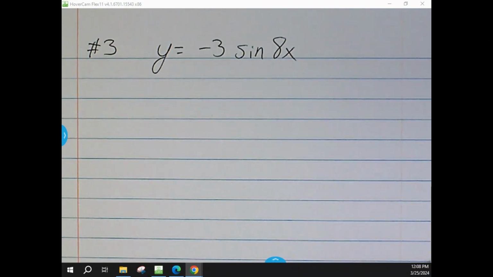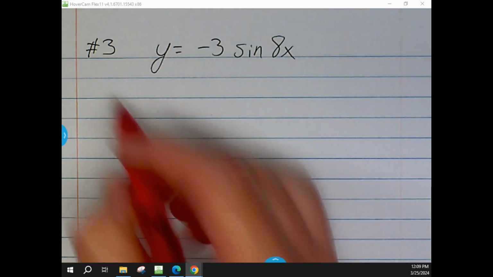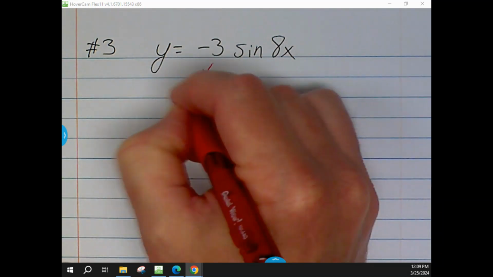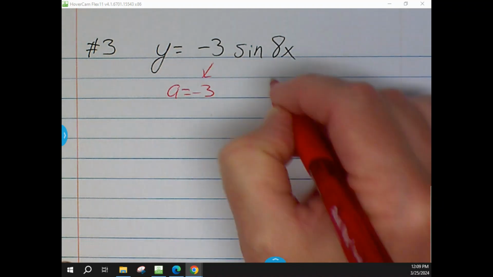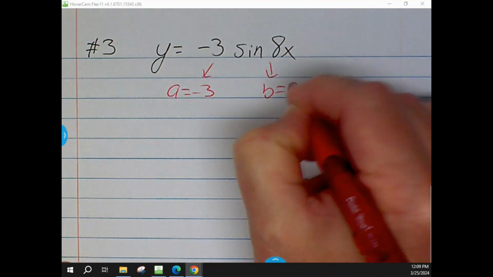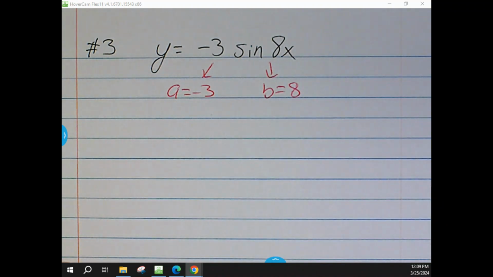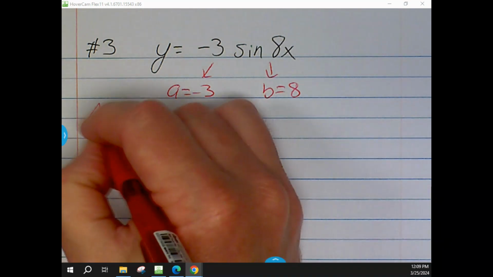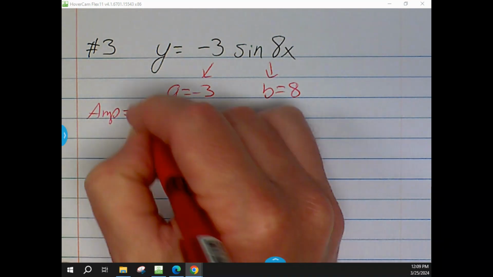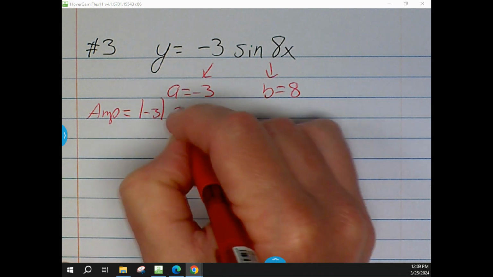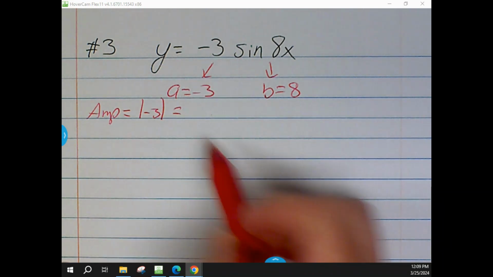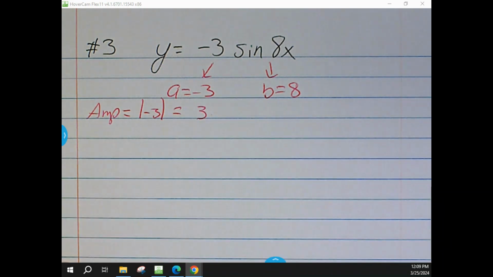Okay, for this one, we're going to go -3 times the sine of 8x. I don't think we have to write the equation underneath it, so we can get this really easy. So the a value is -3. The b value is 8. So the amplitude is the absolute value of -3, which means the amplitude is just 3.